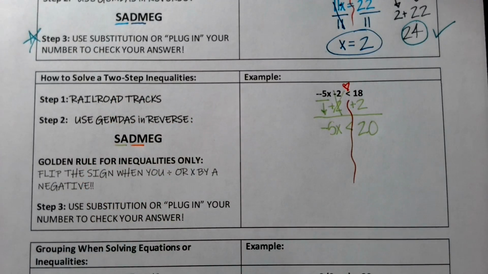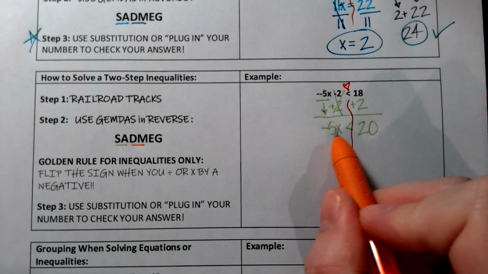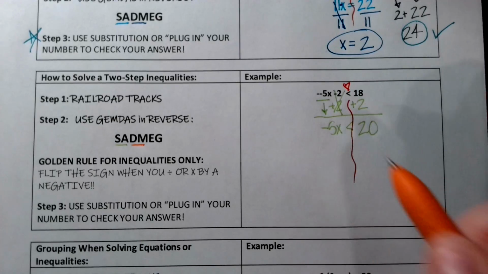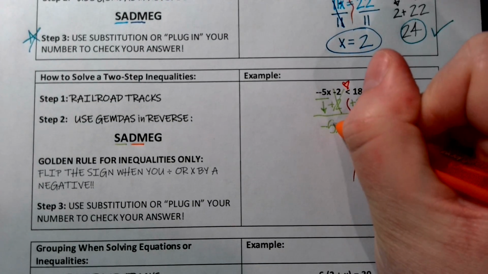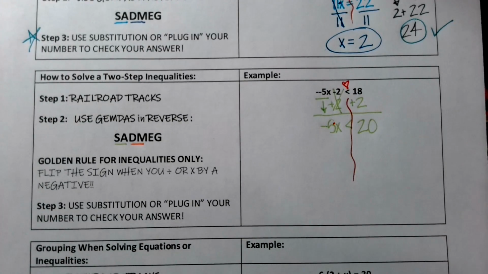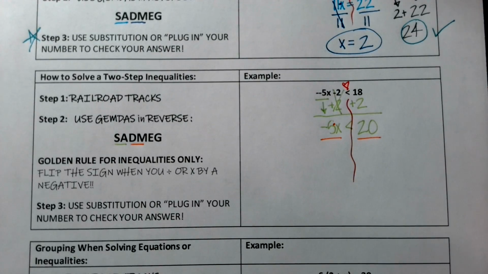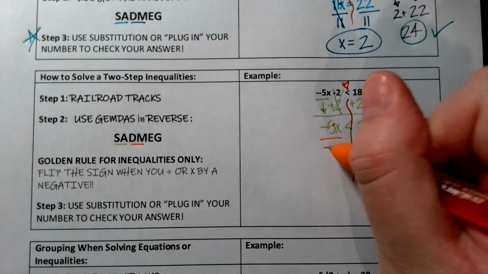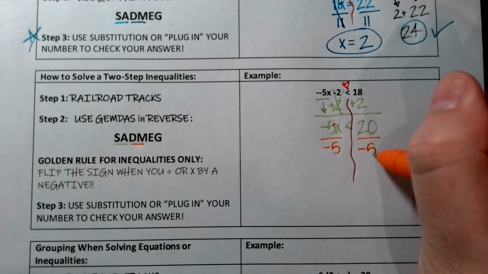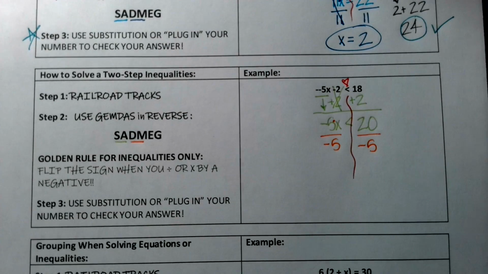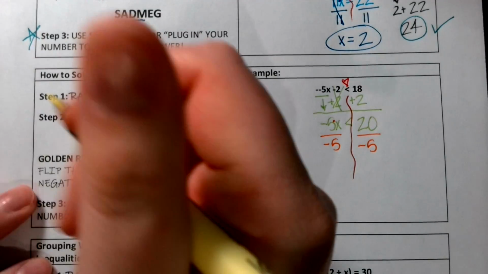Then we need to go to division and multiplication. Again, when they're side by side, what operation is that? That is multiplication. So the opposite is division. We have to divide both sides by negative 5.